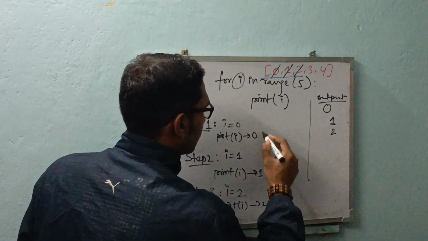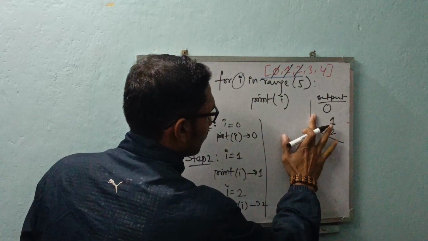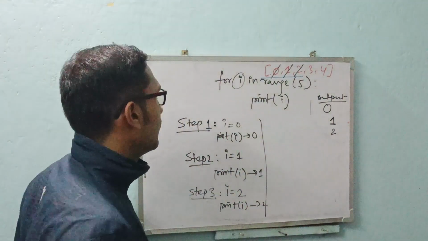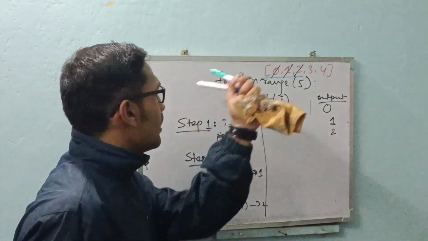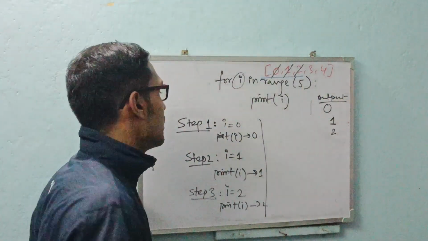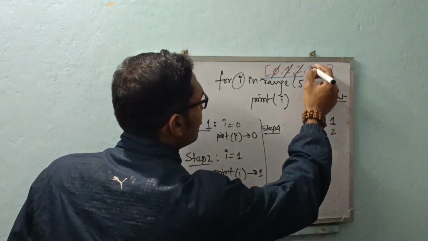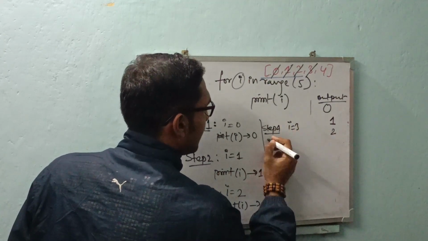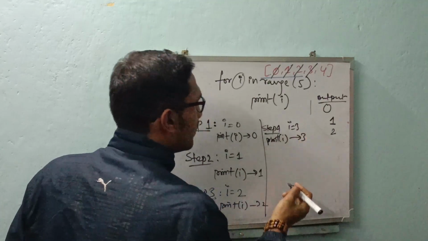Now we see whether any elements still exist within this list of numbers. Yes, we have, so step 4 will get executed, and the value of I will be 3. Again it's a print statement, so it will print 3.